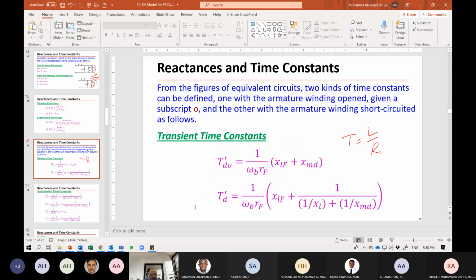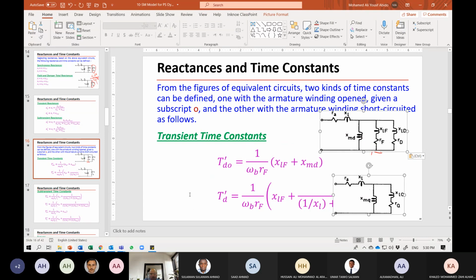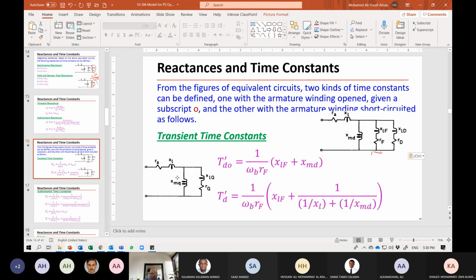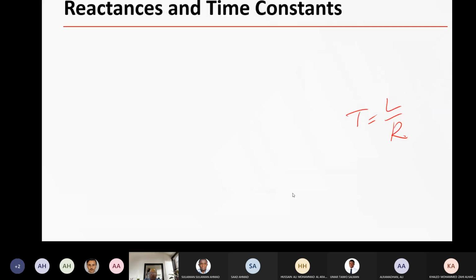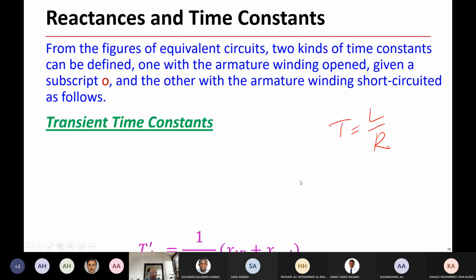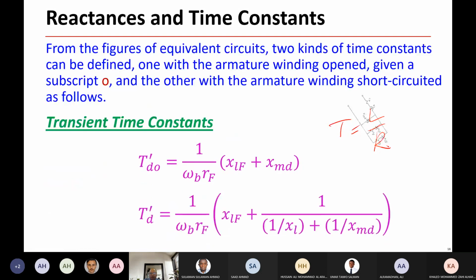Oh, there is no space, but you can look at this circuit and see the time constant for the field winding here.